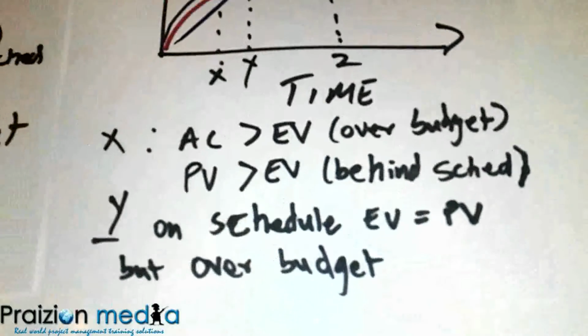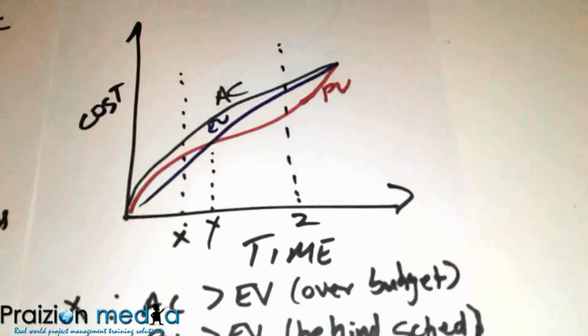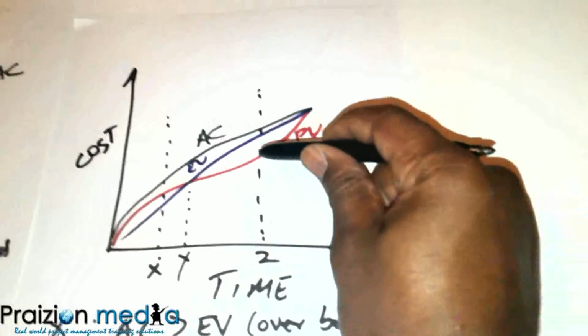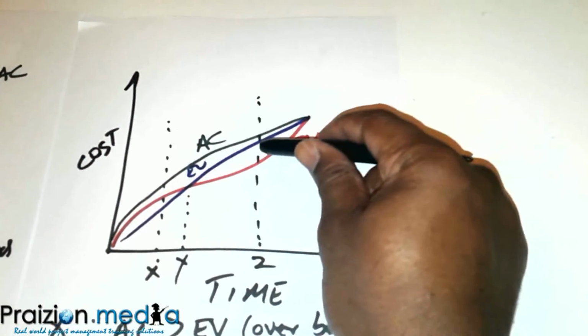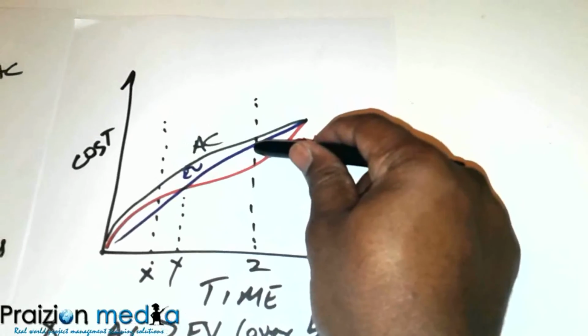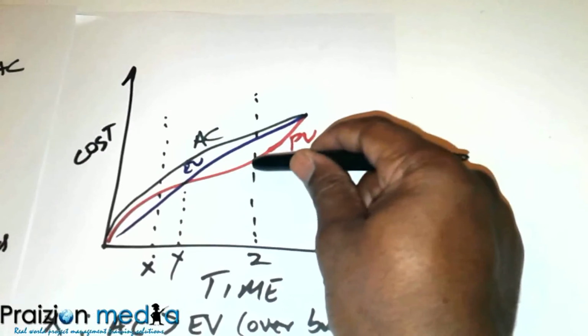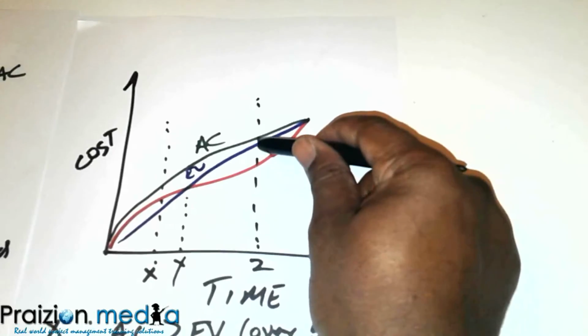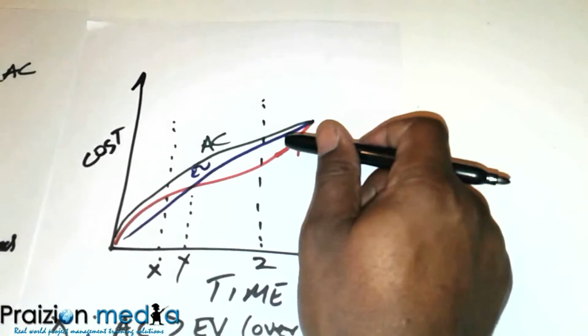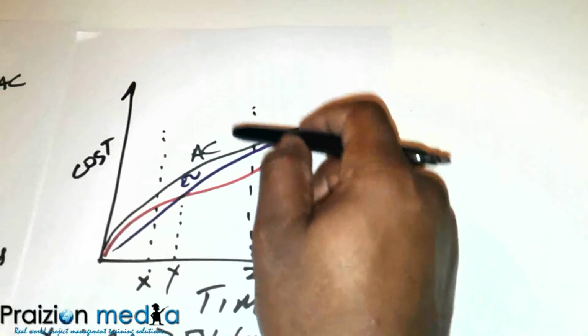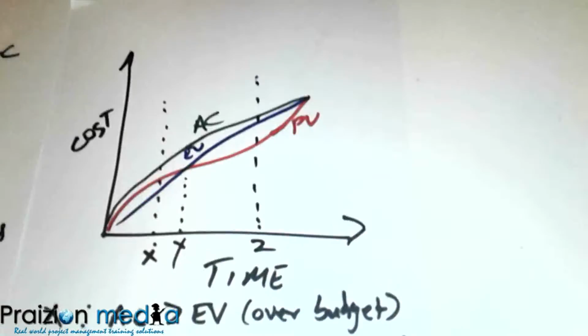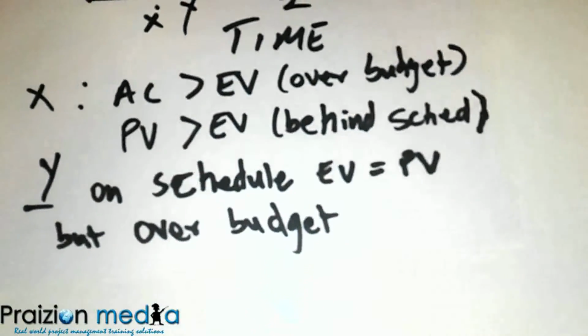And last but not least, if we take a look at point Z, we can see that we're getting more done than was planned, right? This is the plan, this is what we got done, and this is how much we spent. So again, we can see we're over budget, but we're ahead of schedule at point Z. Let's write that here.